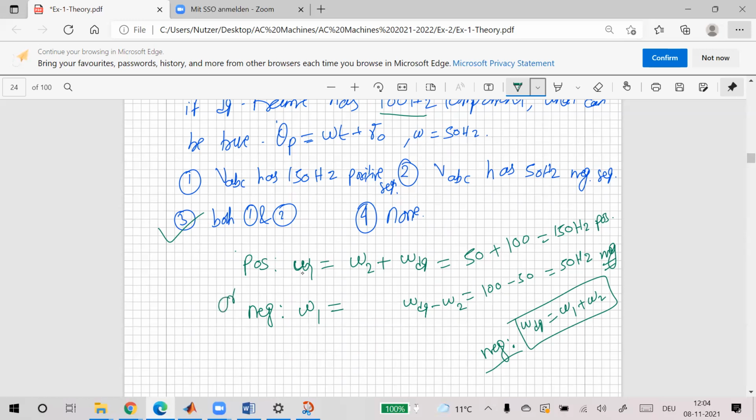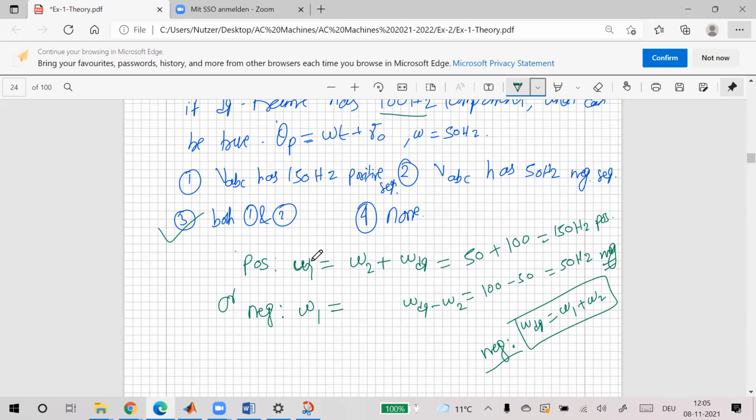My question is not regarding this quiz, but if in the negative sequence I have omega 1 as 50 hertz and omega 2 as minus 50 hertz, can I get only a DC value?